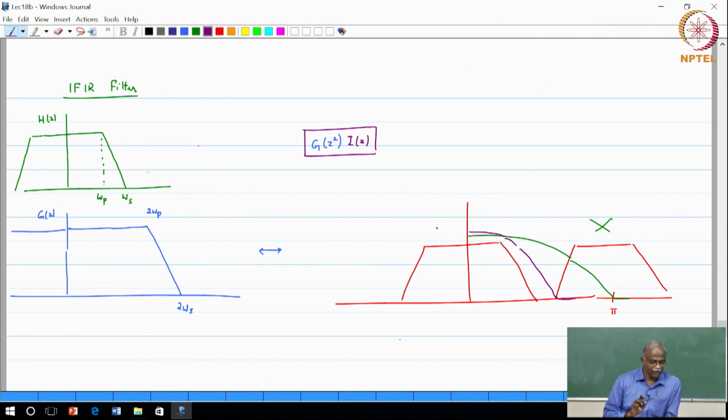Okay. Now what are the advantages? This one had lower order than H of Z. So G of Z has got lower order, but G of Z squared, that means the order becomes double, right, when I write G of Z squared, the polynomial order.